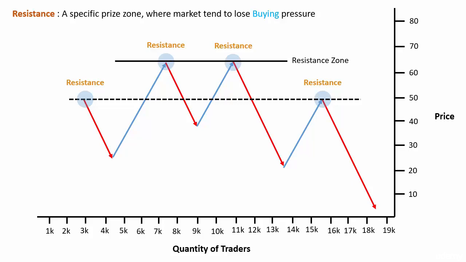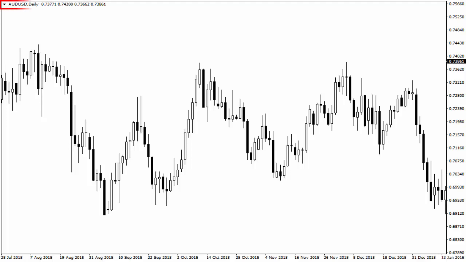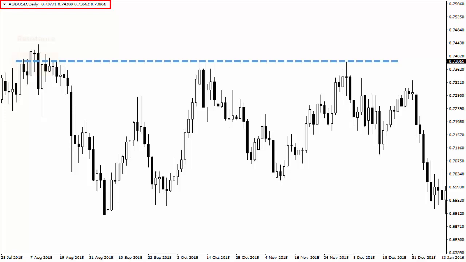Now let me give you an example of this setup using a real price action chart. As you can see, this is a daily chart of Australian dollar versus US dollar. Here you will notice a resistance zone which has been retested at least 3 times in this price action chart. Every time price reached this zone, the market declined to go further up.